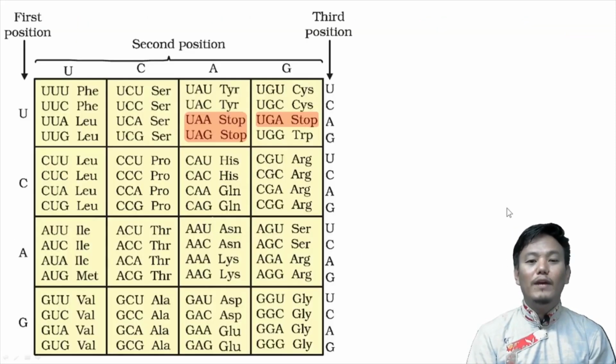And now we have this particular chart. So this is the chart for genetic codes over here. We have got 4 bases, right? Uracil, cytosine, adenine, and guanine. So these are the bases present in RNA.